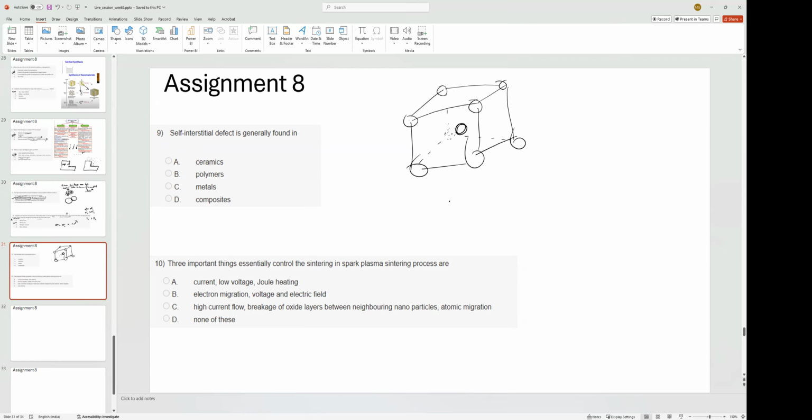So self-interstitial is one of these. This atom may be missing and sitting somewhere in this void, maybe over here. So this is a void.